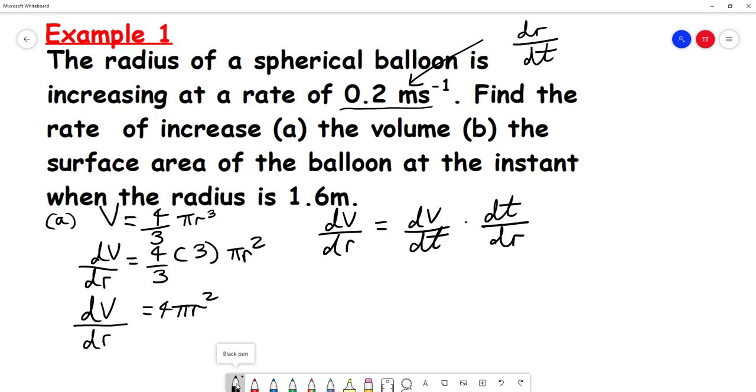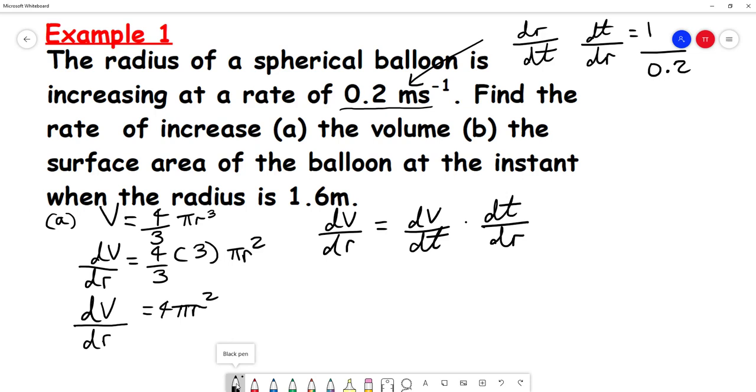So we now know what dt by dr is. So dt by dr is the reciprocal of that, so that's going to be 1 over 0.2.